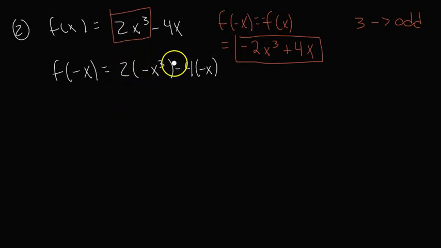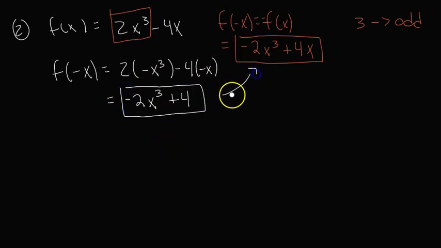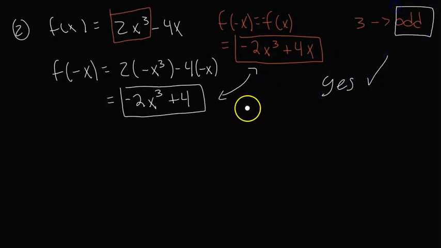This is going to turn this whole thing negative, meaning that I have negative 2x cubed. Negative x times a negative 4 is going to be plus 4x. And if you notice, this is exactly what we wanted. We wanted negative 2x cubed plus 4x, which is exactly what we got. So yes, this is an odd function, just like we assumed.